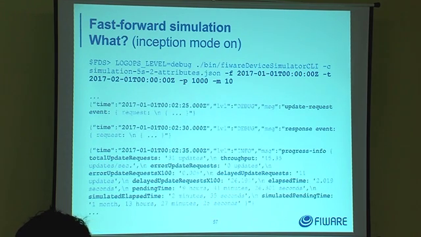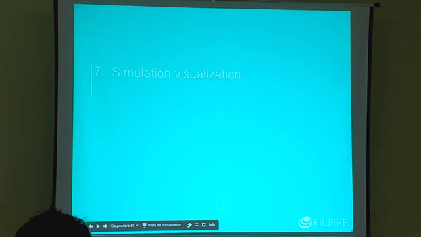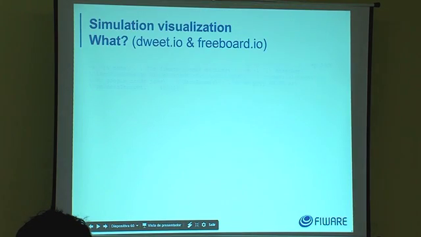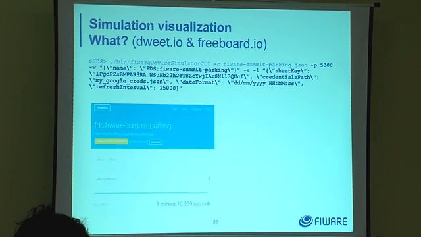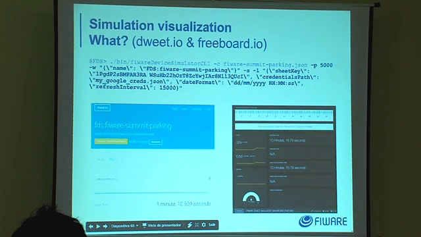In fact, this is the information we also use to generate these visualizations I will be showing you in a sec. In fact, there we are. This is an example of the command you can use to generate a simulation visualization. We lean on date.io and FIWARE.io to generate this visualization, and basically you can get this kind of information, the one on the right.